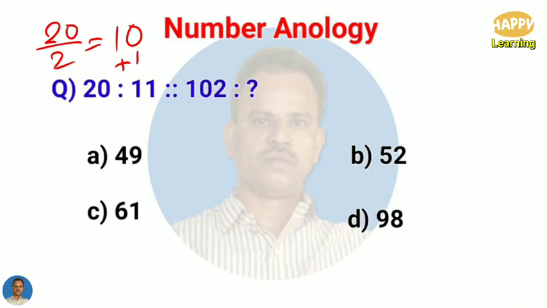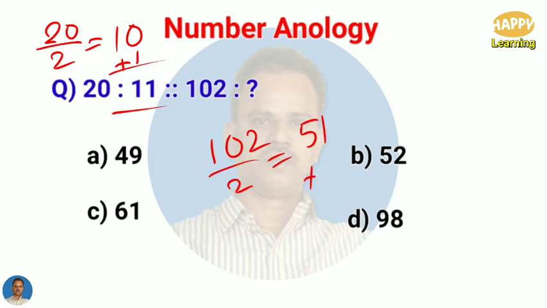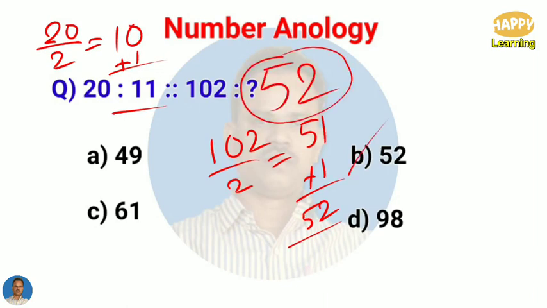If you do plus 1, you will get 11. Similarly, 102 divided by 2 equal to 51. If you do plus 1, you get 52. So 52 is the answer. Option B is the answer. Okay, right.